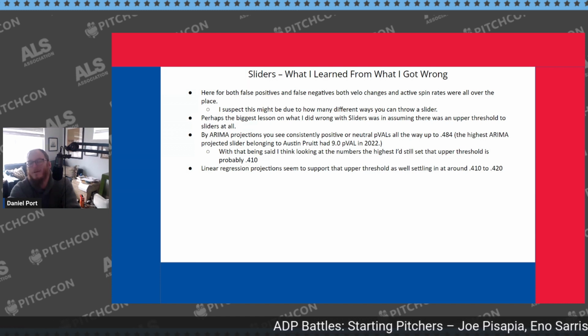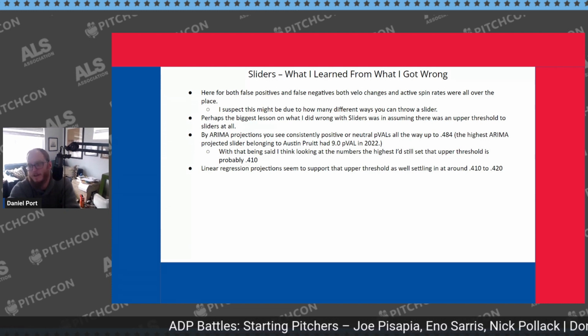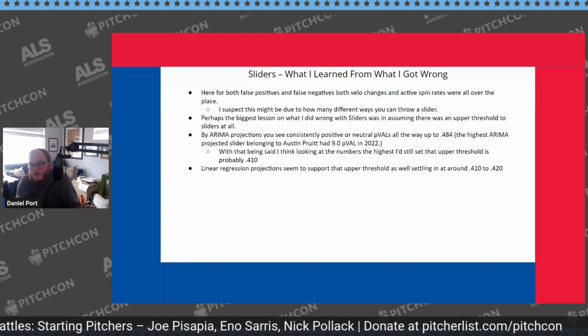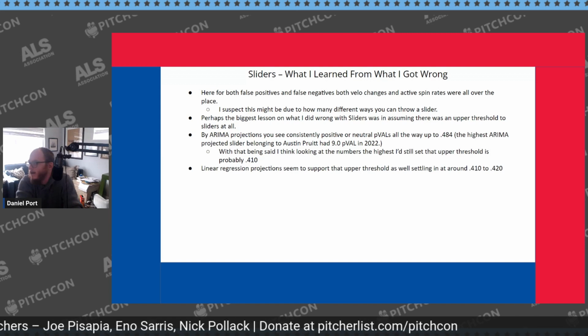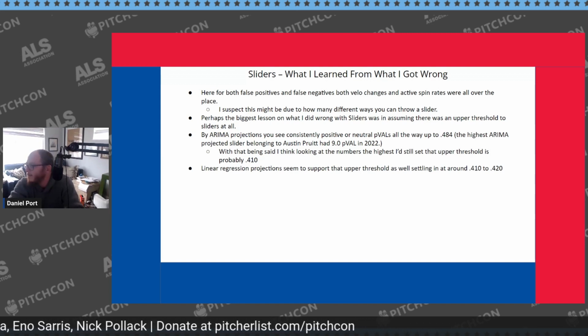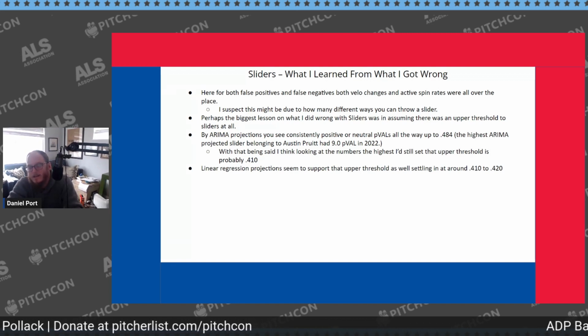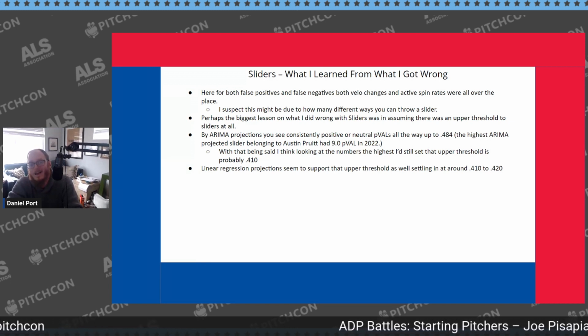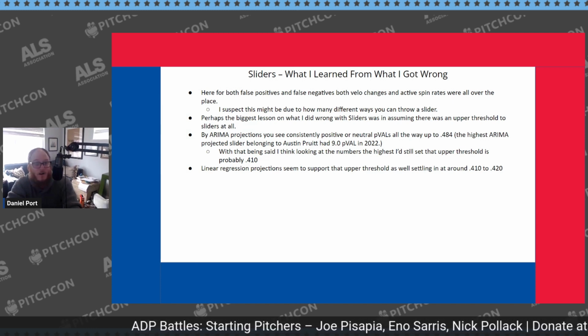I can't imagine it, but I think you have a higher threshold for getting away with it, just because sliders are so good. There are so many good sliders in the league, and I think you're right that it's a harder pitch to hit, especially since you can see a slider manifest itself in so many different ways. I think it gets away with being located in the zone a lot more often.